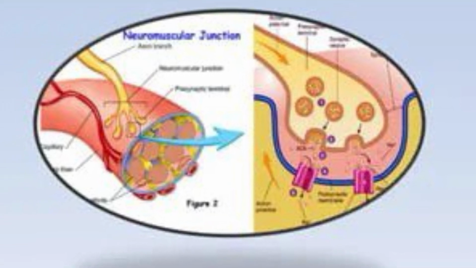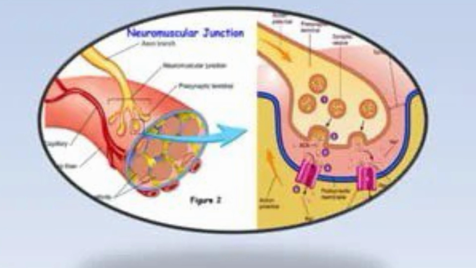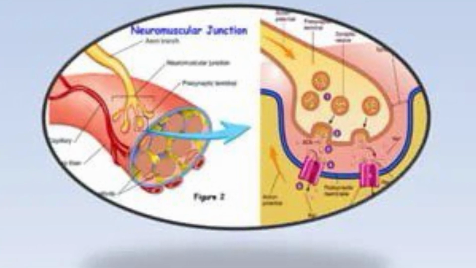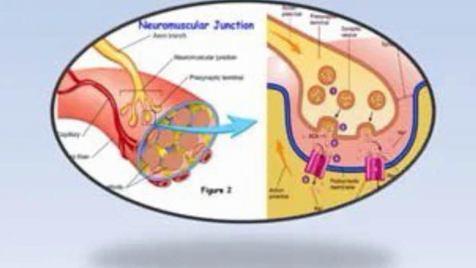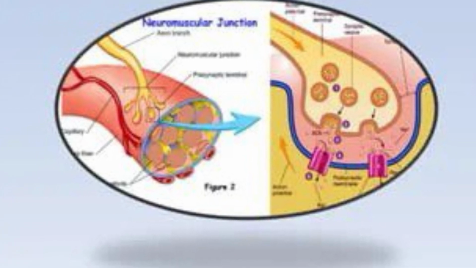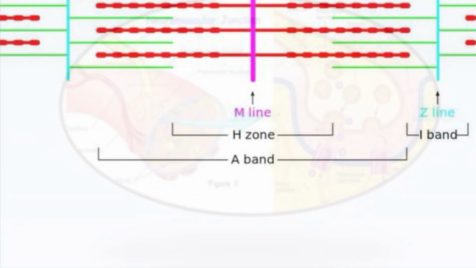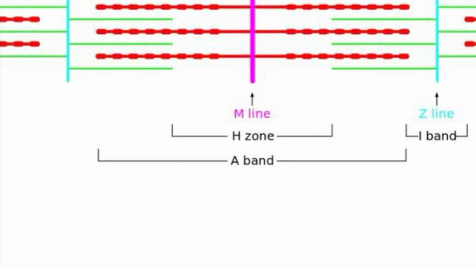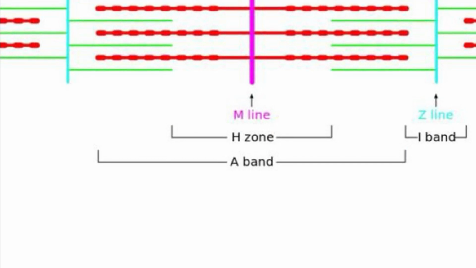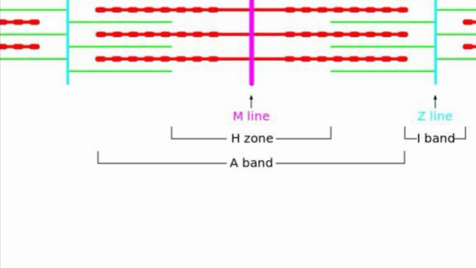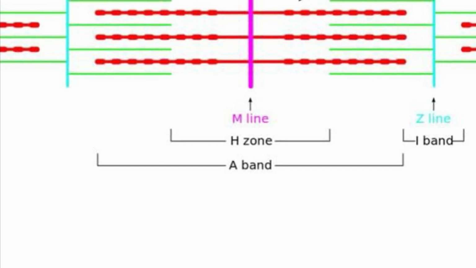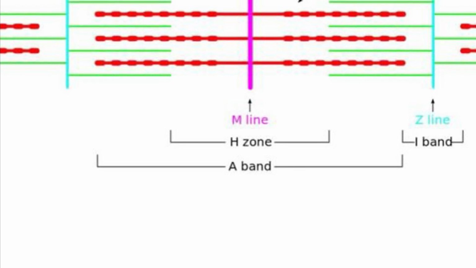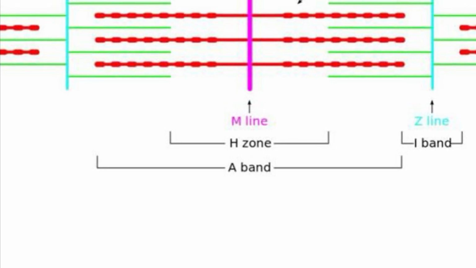For muscle relaxation, the nerve signal that was used for muscle contraction ceases, which leads to the stop of acetylcholine release. After that, the calcium ions are actively transported back to where they came from, reducing the concentration of calcium in the cell.